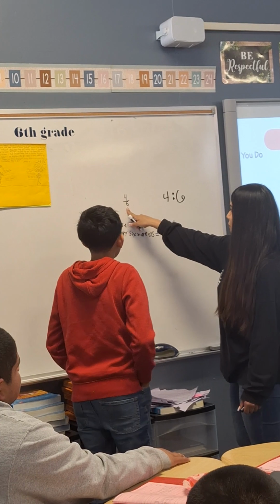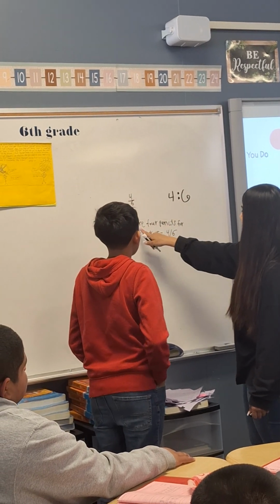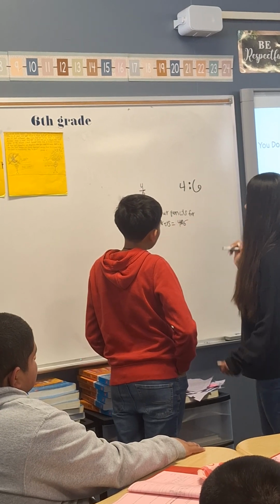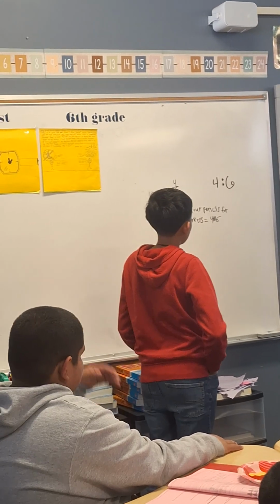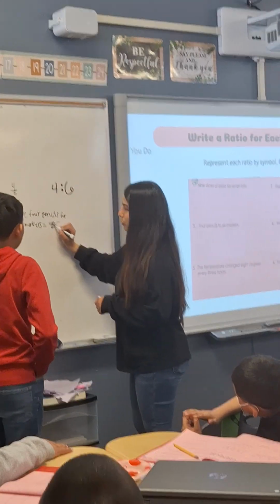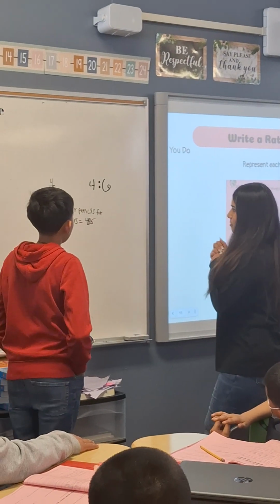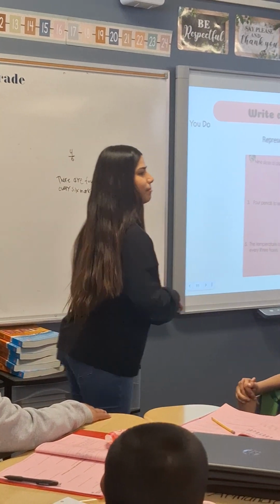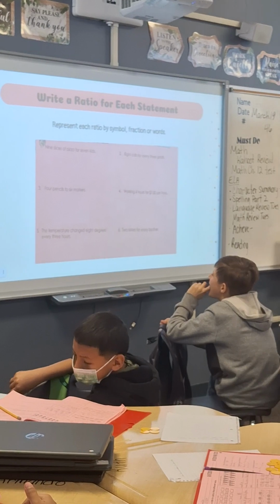This is a fraction form. This is a symbol form, and all of this, without this, would be your word form. Remember? Whenever you want to represent it with the word form, it's always to. Did everybody get that same answer? Cool.